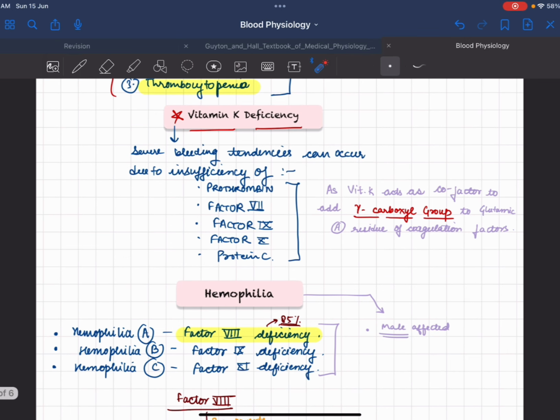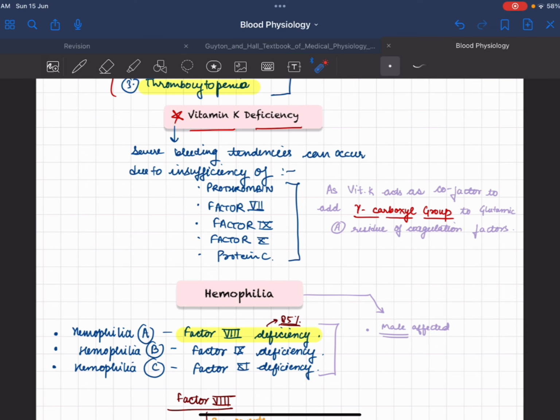So, severe bleeding tendencies can occur due to insufficiency of vitamin K. So, what is exactly vitamin K? Vitamin K acts as a cofactor to add gamma carboxyl group to glutamic acid residues of coagulation factors.